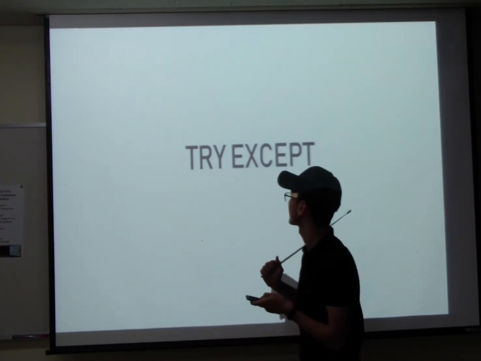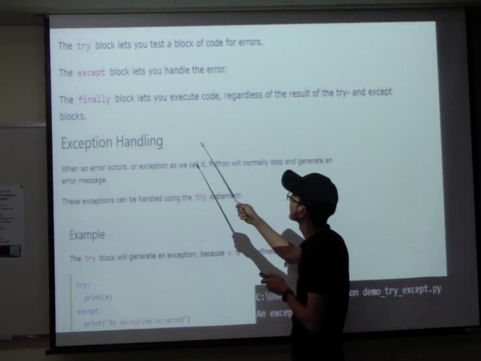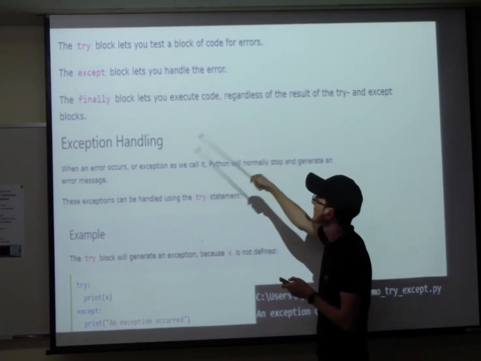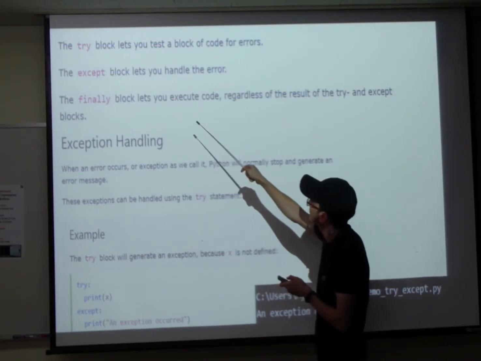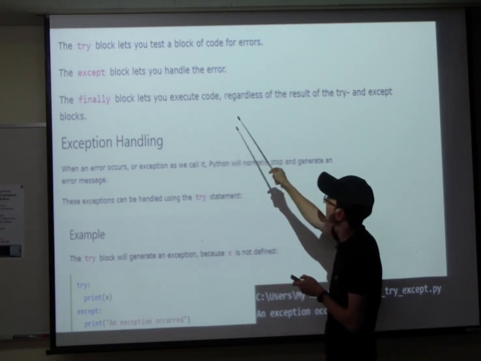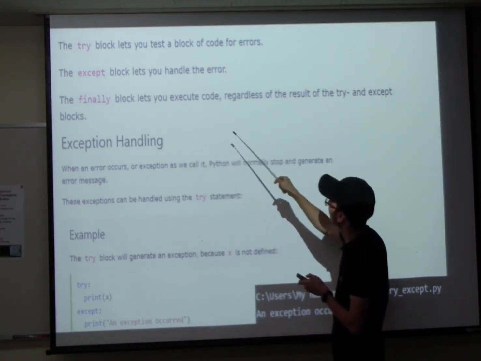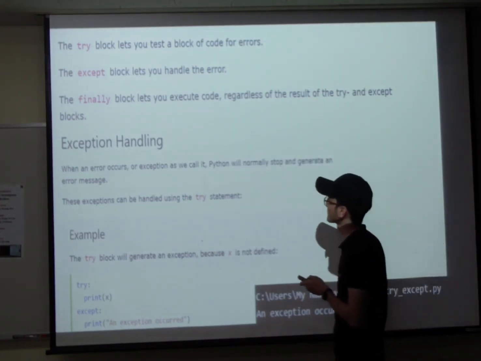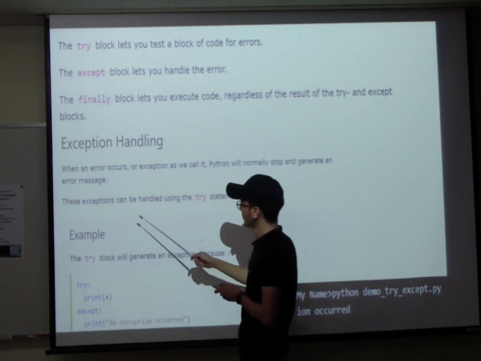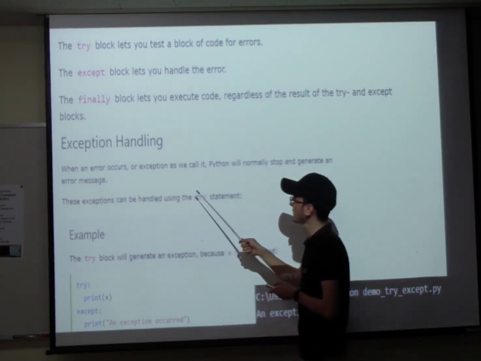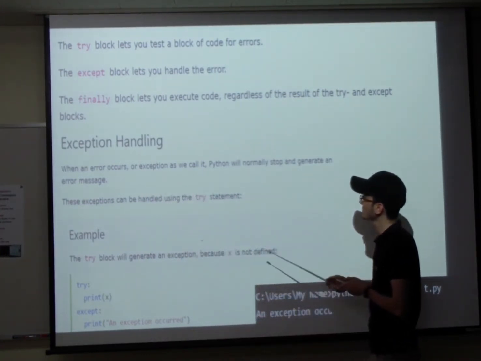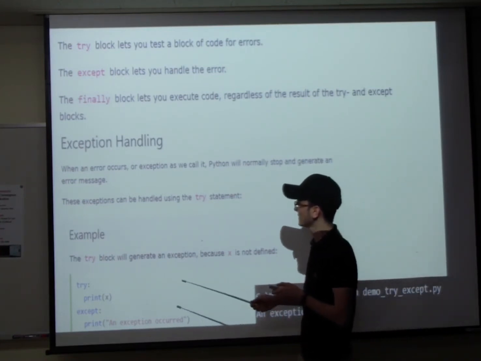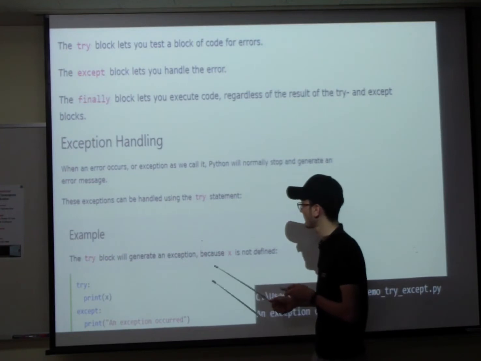Now let's see. The try block lets you test a block of code for errors. The except block lets you handle the error. The finally block lets you execute code regardless of the result of the try and except blocks. When an error occurs, or an exception as we call it, Python will normally stop and generate an error message. This exception can be handled using the try statement.